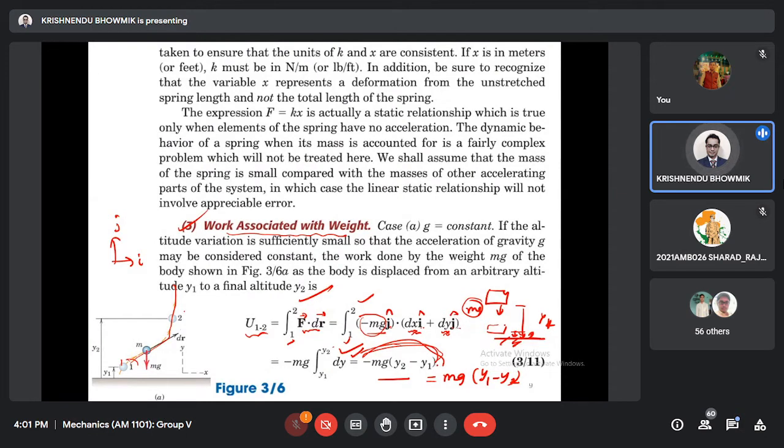Why is it minus? Work done is against gravity. The force is acting toward the center of gravity, but the displacement is not towards the center of gravity, it is away from it. So that relationship can be used. You know this from before also.